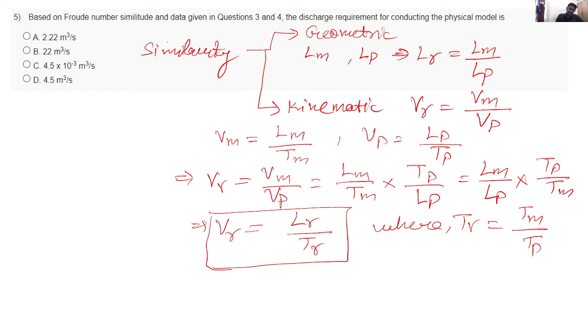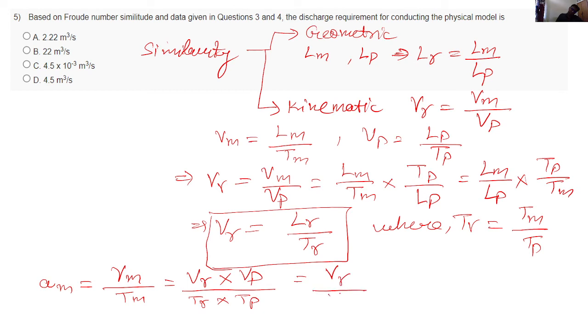Similarly, for the acceleration scale ratio, we can illustrate it like this: the model acceleration is Vm, the velocity of the model, to the time of the model, equal to the velocity scale ratio times the velocity of the prototype by the time scale ratio into the time of the prototype, equal to Vr by Tr times the acceleration of the prototype, which is nothing but the acceleration scale ratio into the acceleration of the prototype.